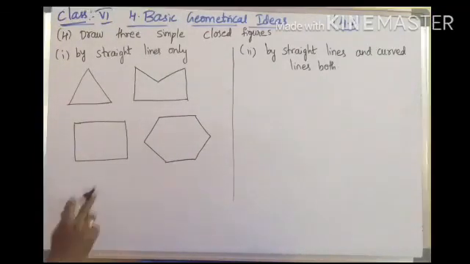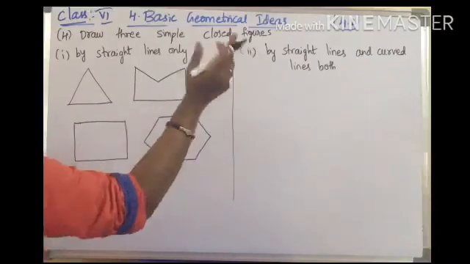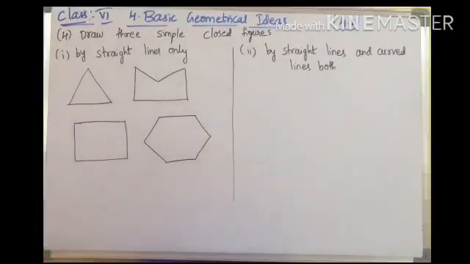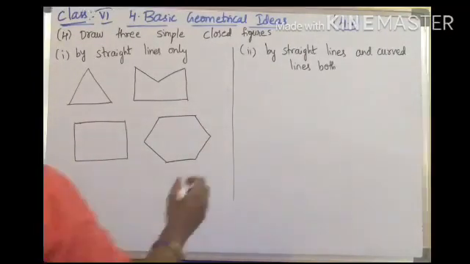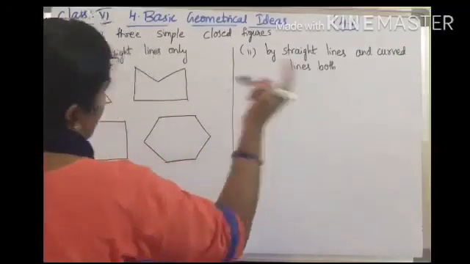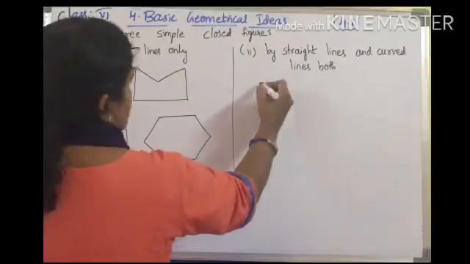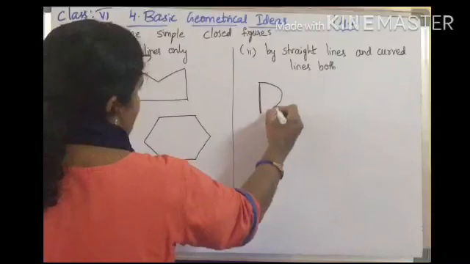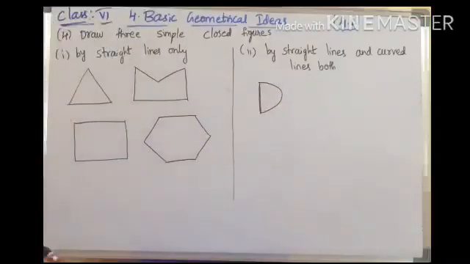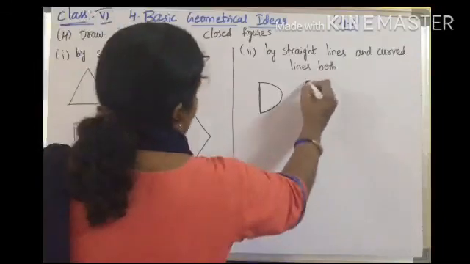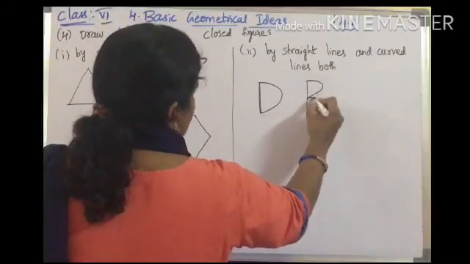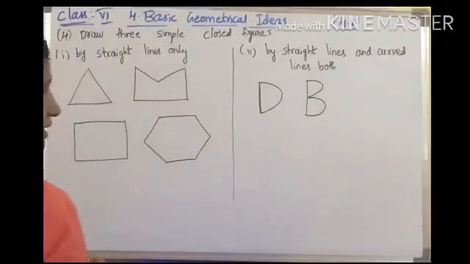Coming to the second one, by straight lines and curved lines both. We should use curved lines also. See, this is a straight line. If I draw like this, it is curved. So this figure contains both straight and curved lines. Similarly, I can take this, which is also straight lines and curved lines.